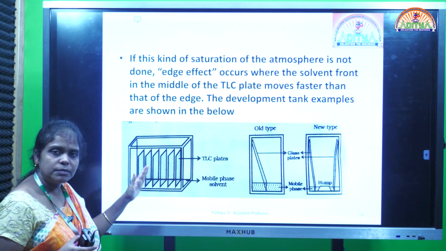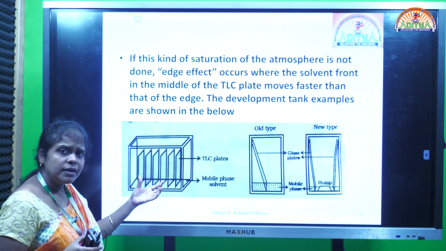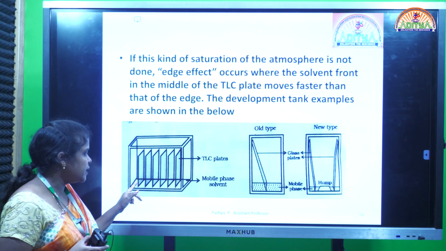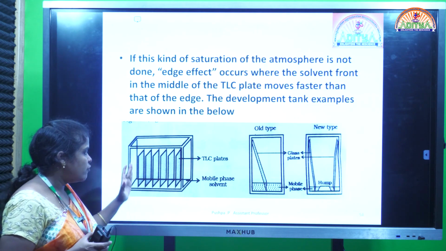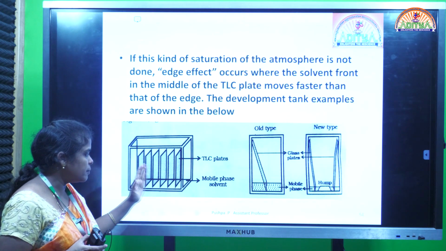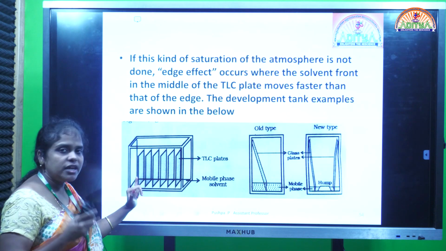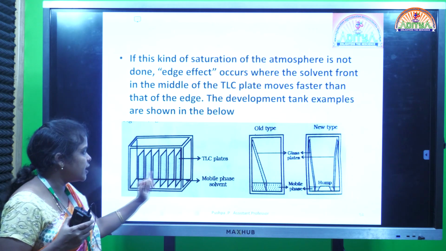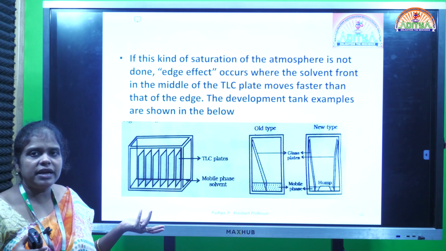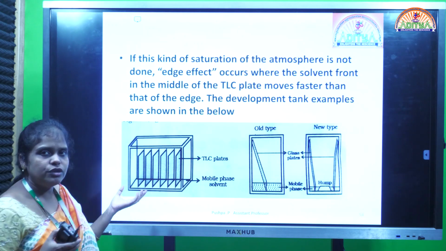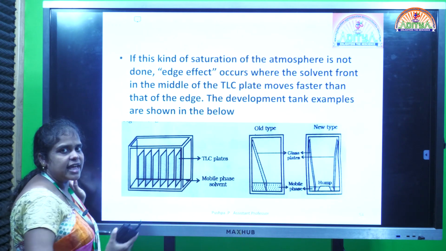After keeping each TLC plate, they have knob-like edges that separate the plates. For developing more TLC plates, they use this type of big development tanks.